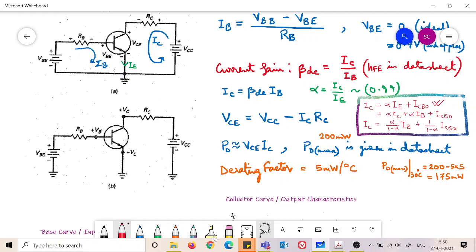Quite high. As you know, reverse saturation currents are in microamperes, so you multiply it with 100 times, you get almost milliampere range. You might get a current in the 0.1 or 1 milliampere range, even when the base current is 0. Even when the base current is 0, you will get a moderately high, or at least measurable collector current.